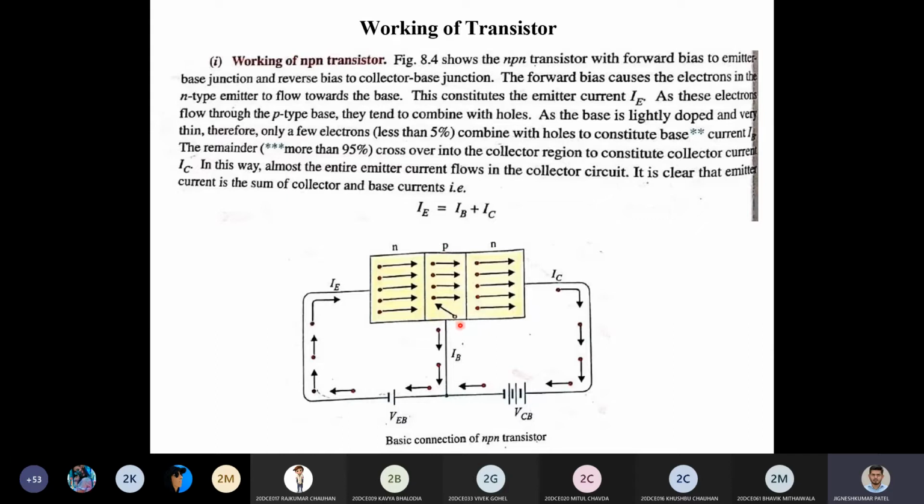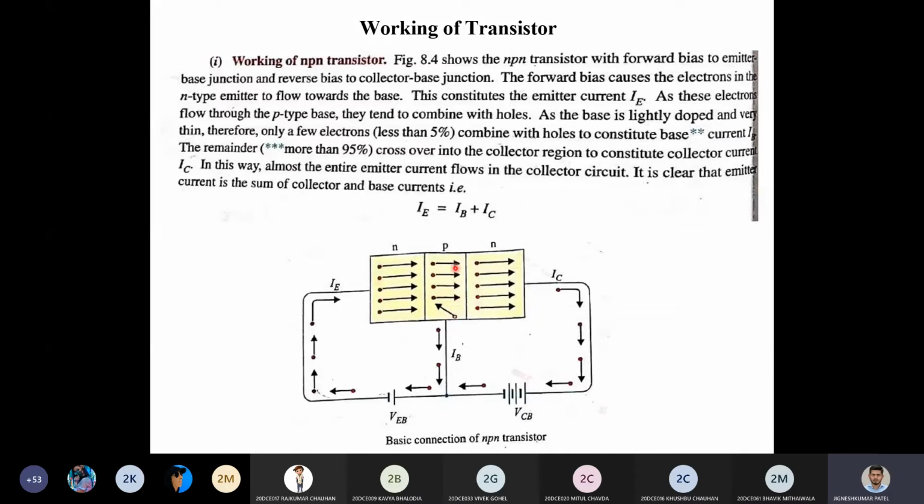Some hole combinations will happen there, and those holes will combine with electrons, and that current will pass through here. But the majority of the electrons that have passed into this layer will have nowhere to go, because this combination is already there.